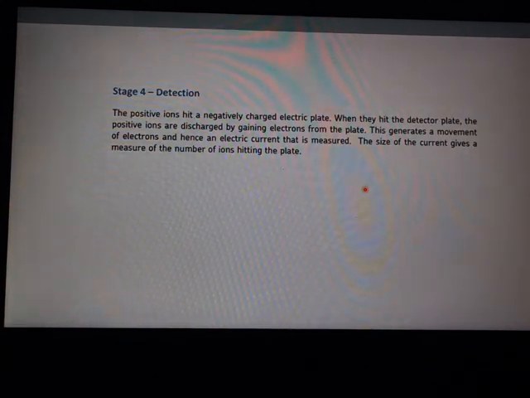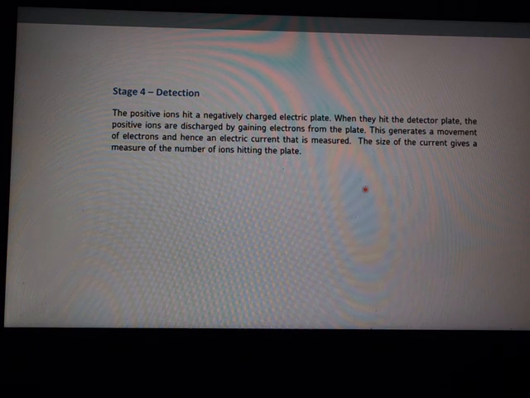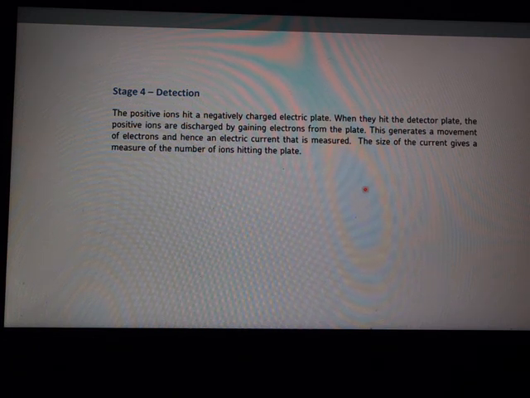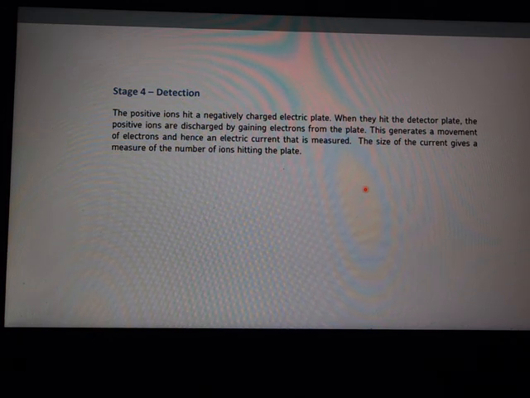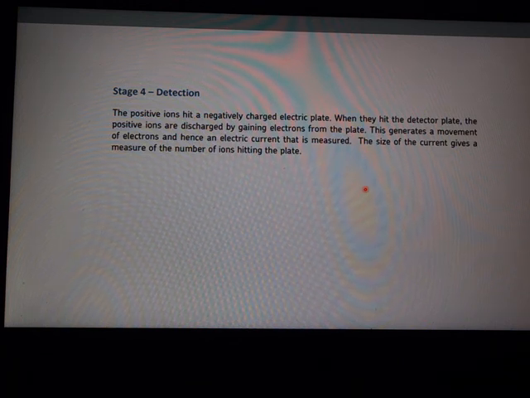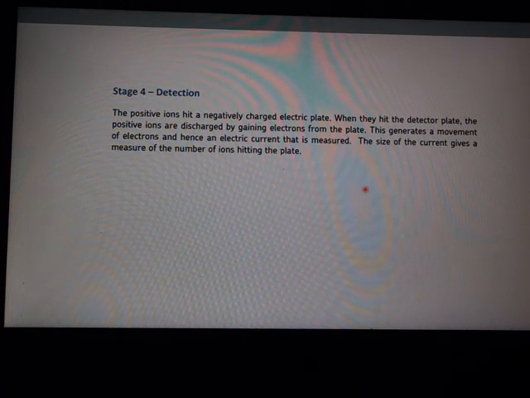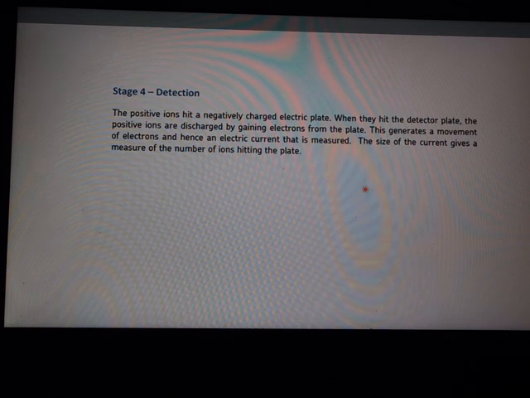In detection, the positive ion hits a negative charge electric plate, and that generates a flow of electrons, an electrical current, and that's how it's measured, as I explained. Okay? And the size of the current gives the measure of the number of ions hitting the plates. So it gives a measure of their abundance, how much of that particular ion there is.